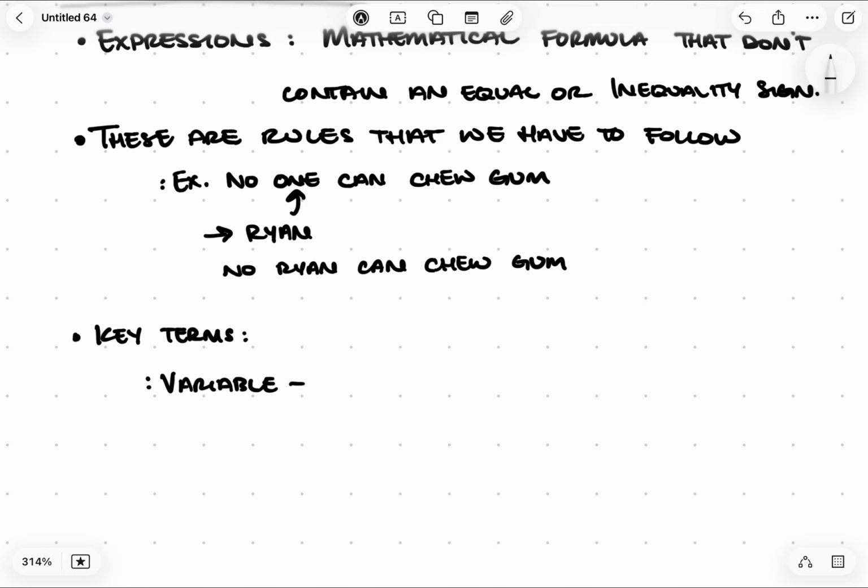A variable is a letter or symbol used to represent something.